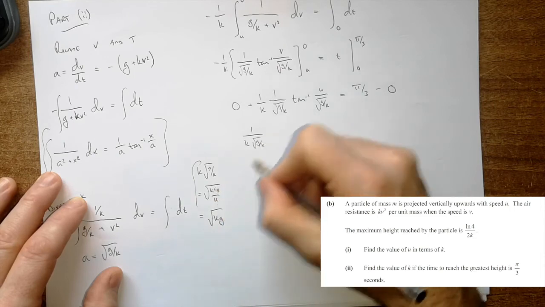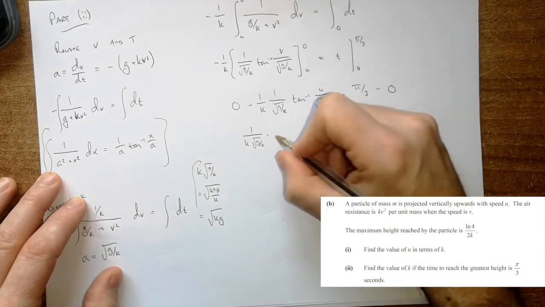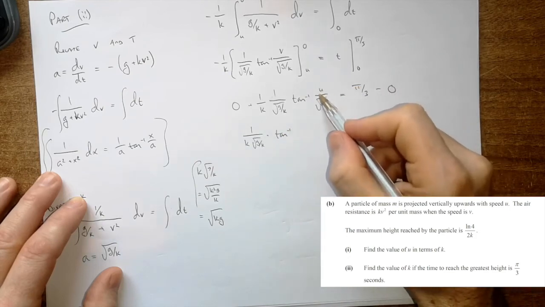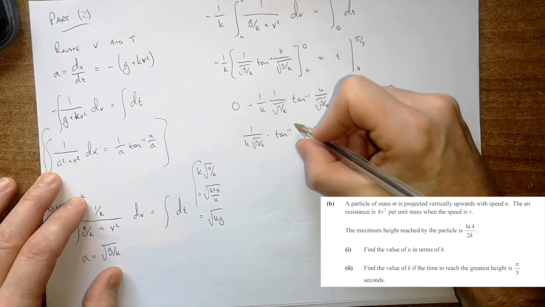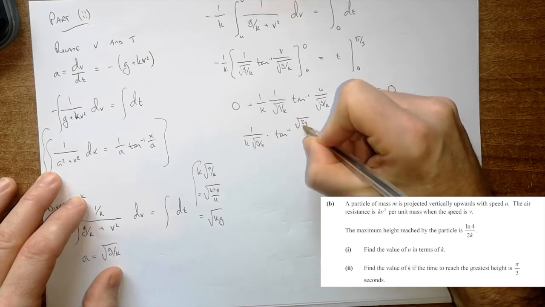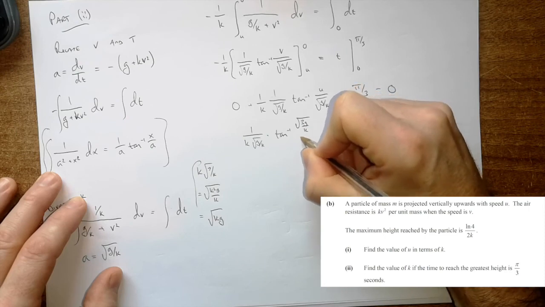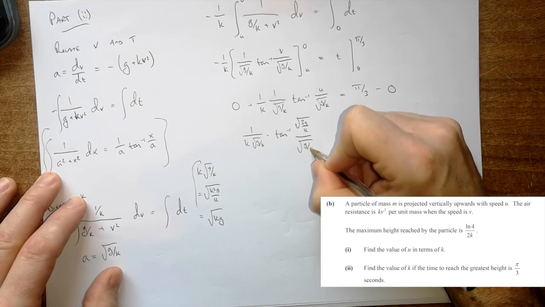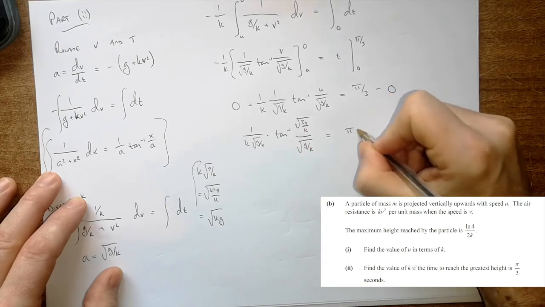Okay, so we'll get that in the next time around. Tan inverse. Now let's sub in u here. So we know that u is square root of 3g over k all over square root of g over k. That's pi over 3.